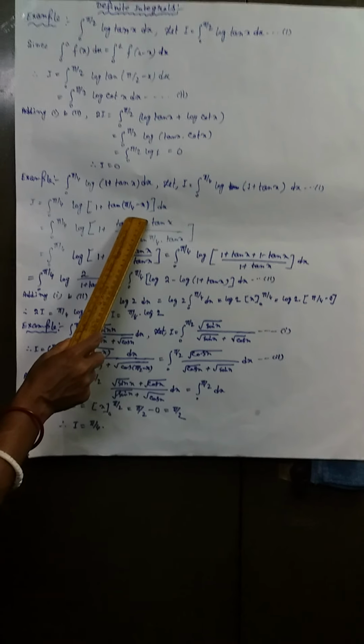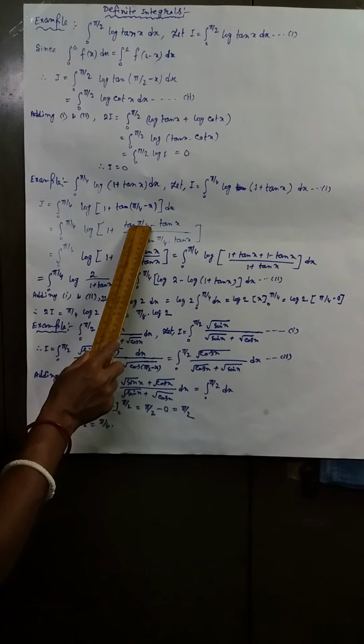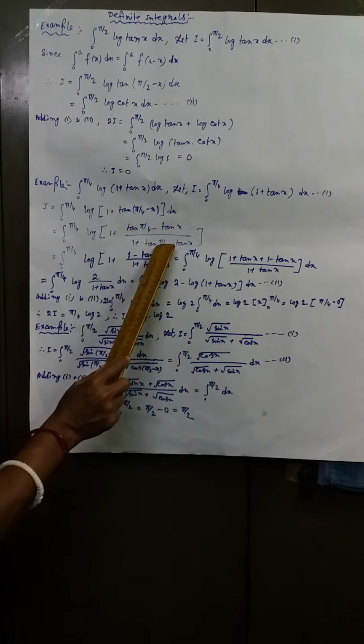Now applying the formula tan (a minus b) equals (tan a minus tan b) by (1 plus tan a tan b).